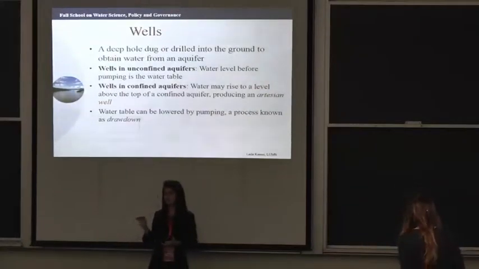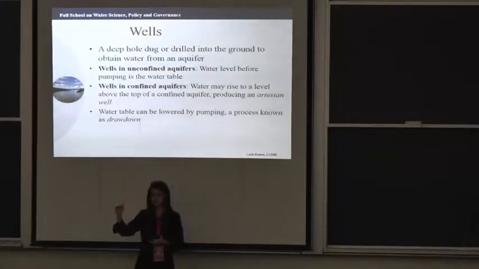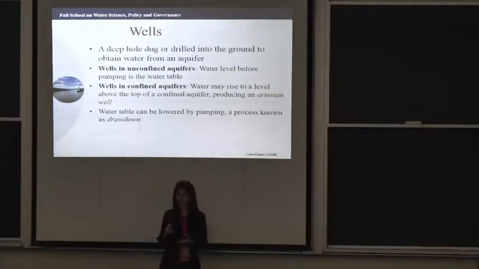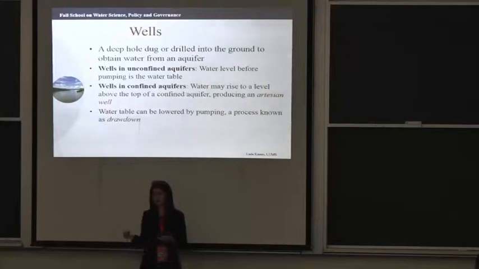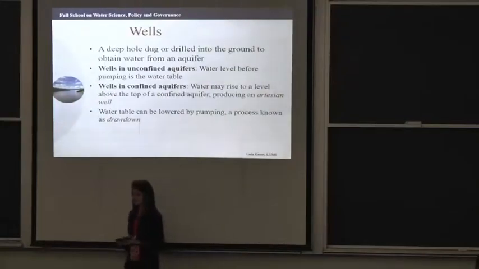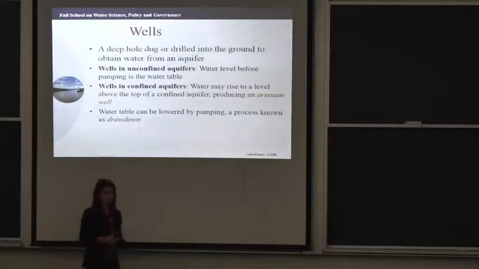The water level is not at such high pressure, so it follows the same path as the water table. In the confined aquifers, the water may reach a level above the confined aquifer because it is at very high pressure. You must have heard of hot springs. Hot springs are like wells in confined aquifers. You dig, and the water gushes out because it's at very high pressure.